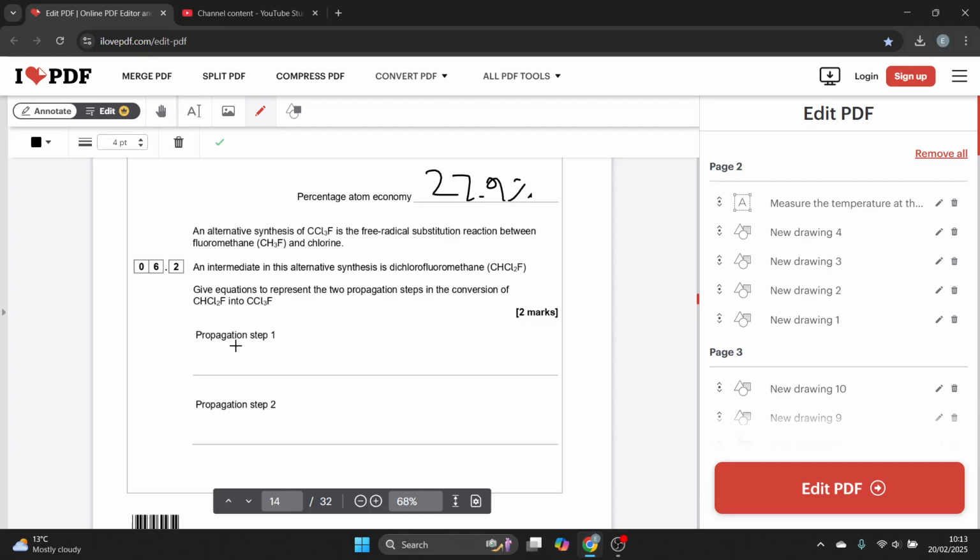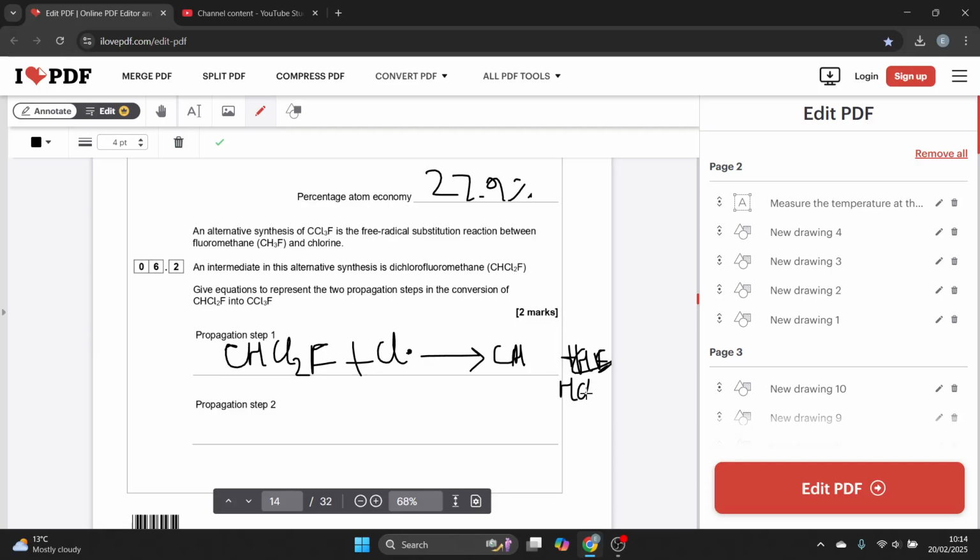So conversion of CHCl2F plus a chlorine free radical, and obviously I'm going to have HF, not HF, sorry, HCl in this case.